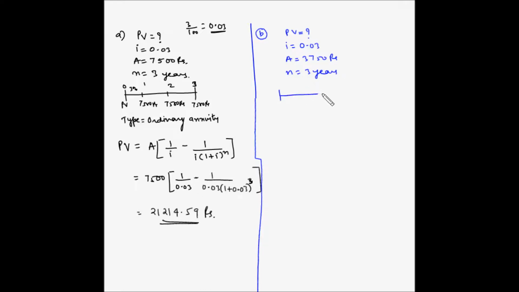Let's draw the time scale: 0, 1, 2, 3. Interest rate is 3%. We want to find the present value, and we are withdrawing 3750 rupees at the end of each of the next 3 years. Again, the type is ordinary annuity.